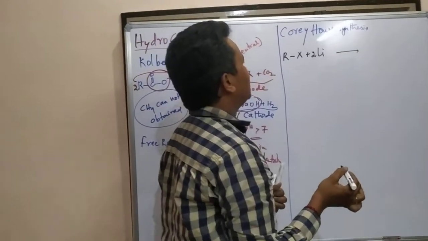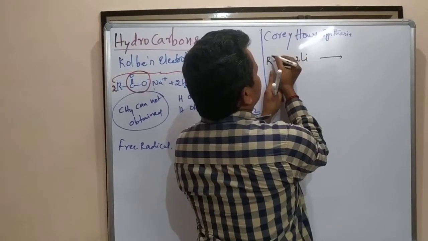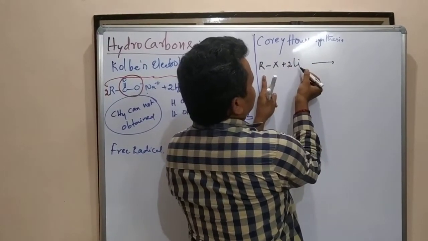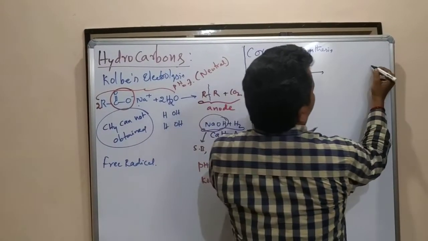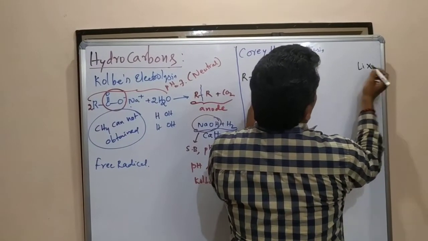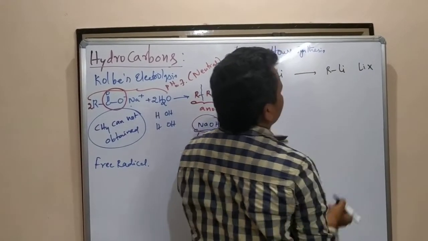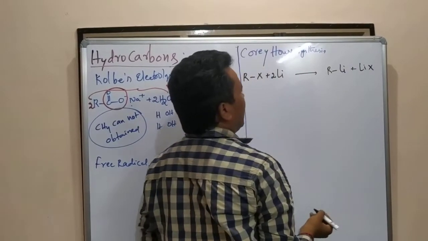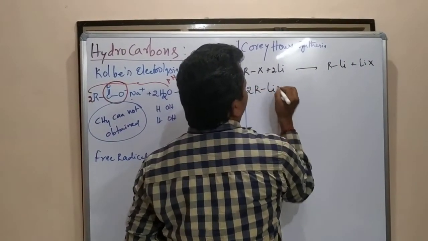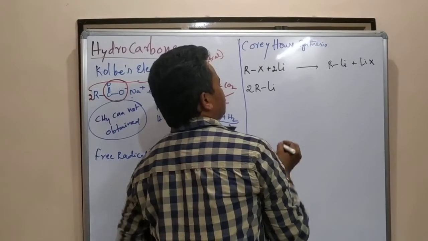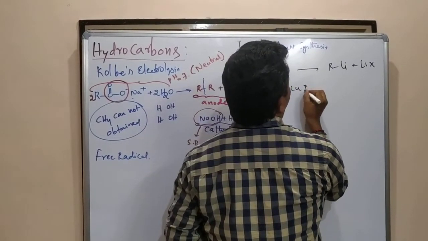What is forming is R minus, X minus, R plus, Li and X. Lithium and X coming out. What is forming there? R and Li, and after that 2 times RLi, alkyl lithium. You are going to react with copper iodide.